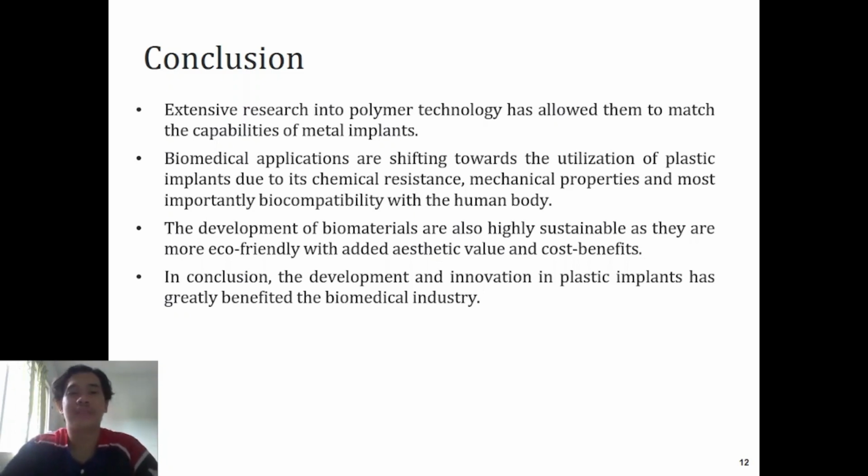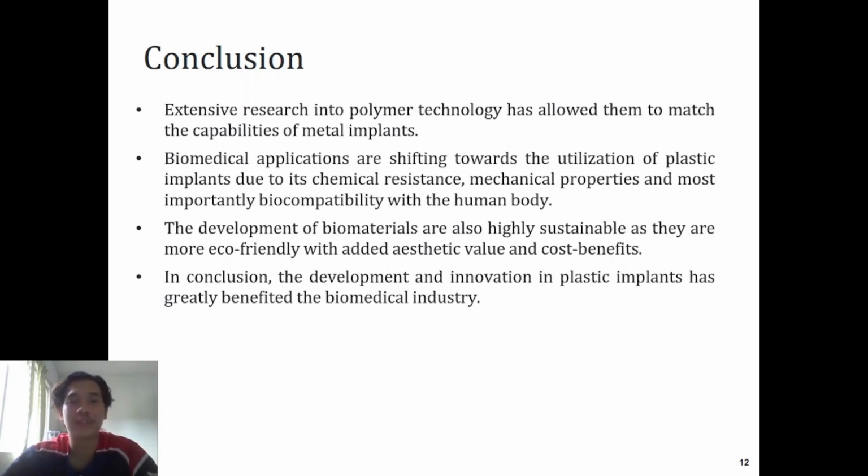So, as the world moves to more technology, the development of biomaterials is highly sustainable because they are more eco-friendly with added aesthetic value, and it will also help in lowering the cost.